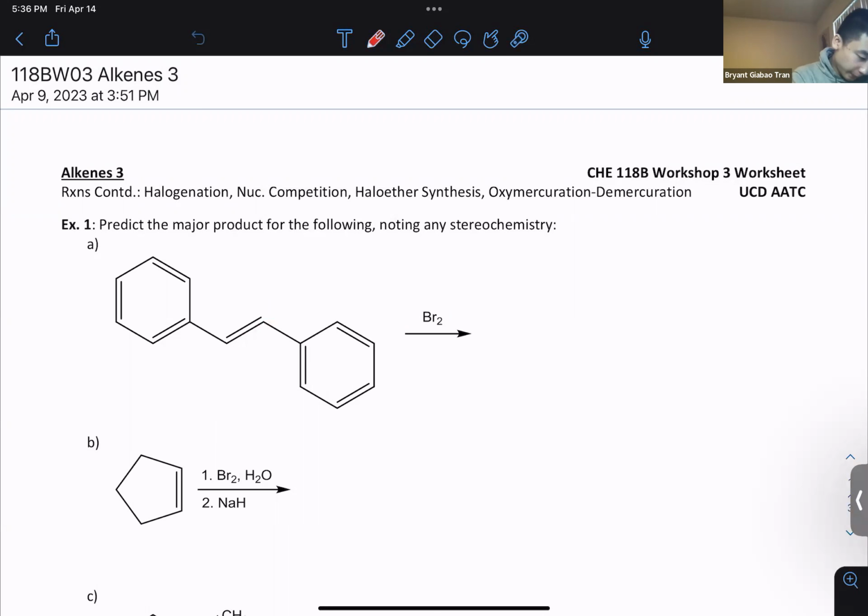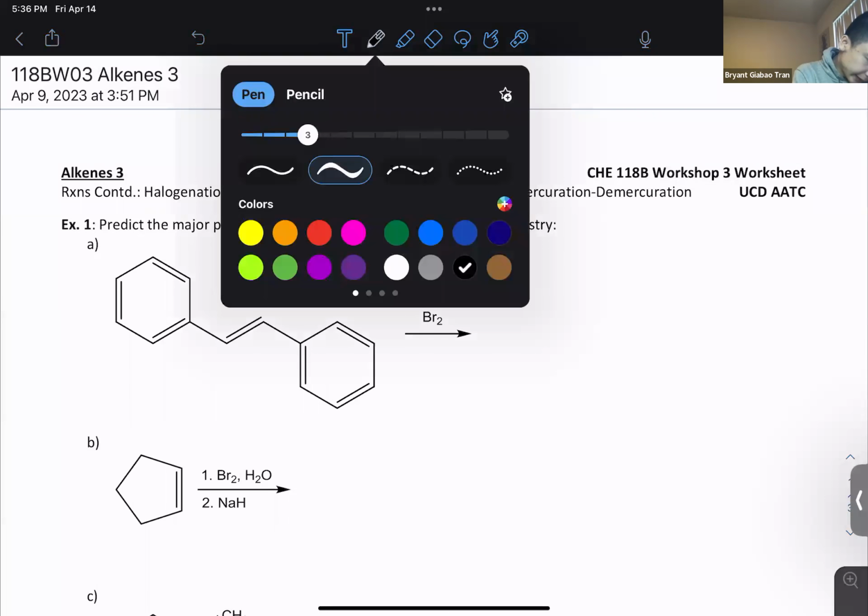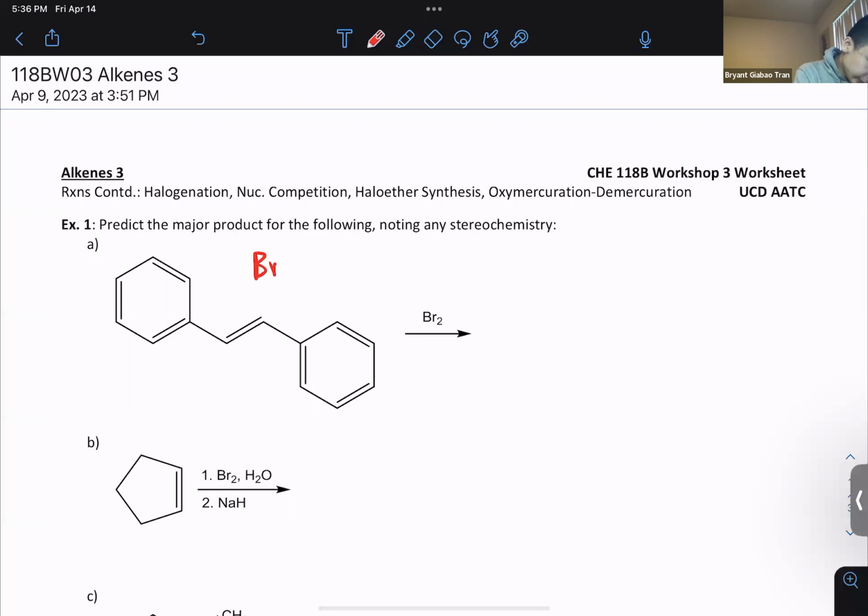What this reaction would do is that since we know the alkene is full of electrons, which means that they have a lot of negative charges, we could think of them as nucleophilic, and one of the carbons can attack one of the bromines of the Br2.